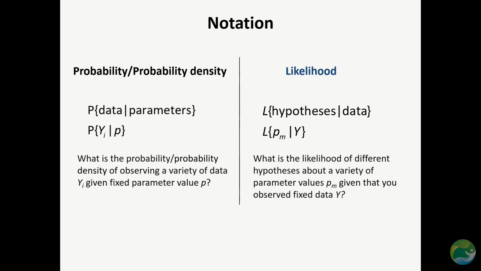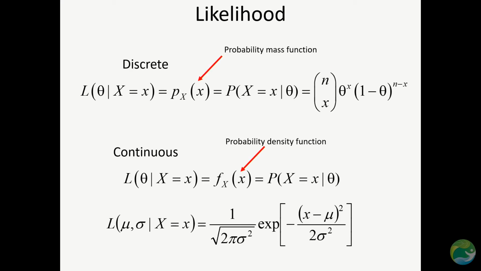Here is the parameter. What is the likelihood of a given hypothesis about a variety of parameter values P, given that you observe a fixed value of the data Y? All right? Okay. So, that is the likelihood.